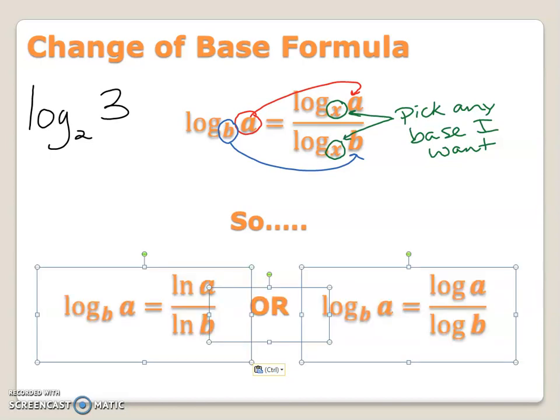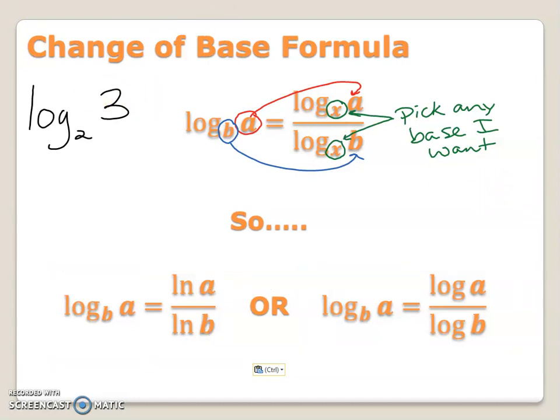So basically, what this is telling us is that we want to say base e for my x, meaning that log base b of a would give me an ln of a divided by an ln of b, or I would want to pick a 10 for my base, meaning that log base b of a would equal a log of a over a log of b.